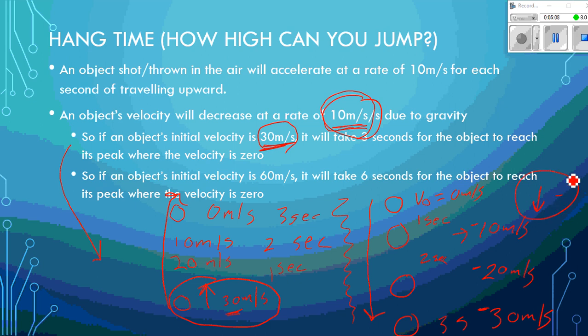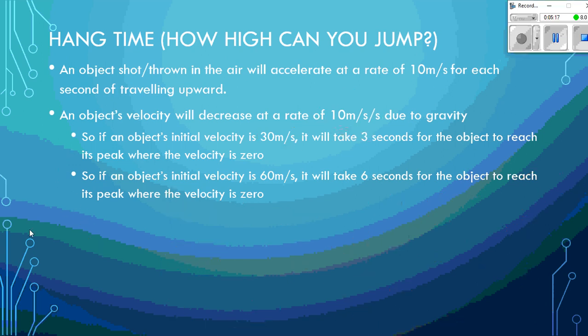When I say by convention, that means everyone just does it that way, unless there's a reason to do it differently. Here's another example: if the object's initial velocity is 60 meters per second, it'll take 6 seconds because it's still that change of 10 meters per second every second.